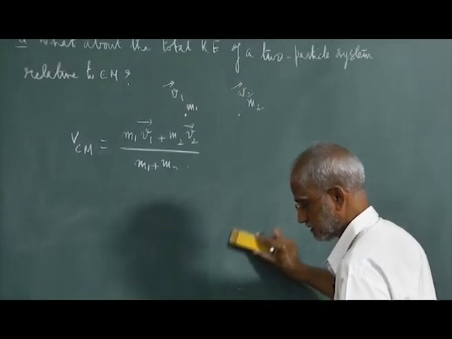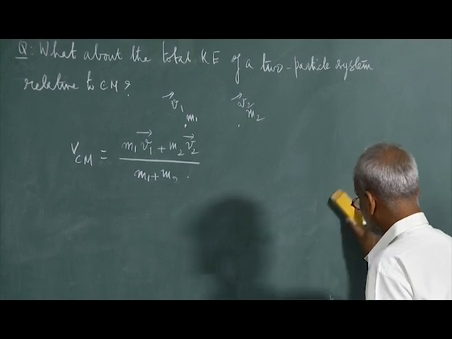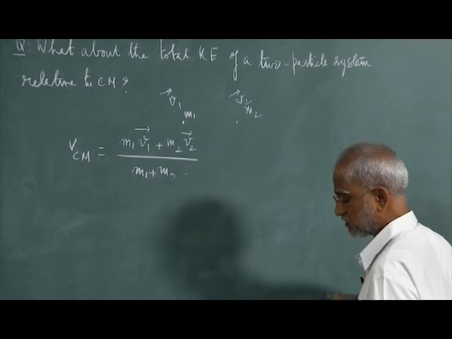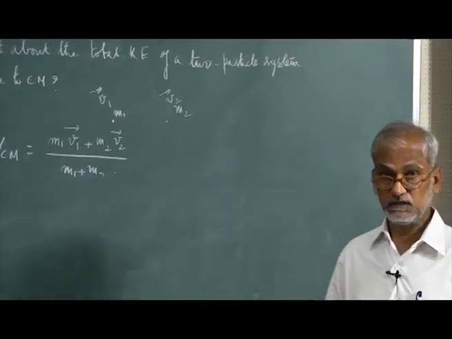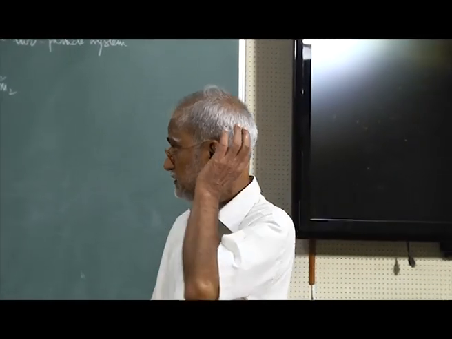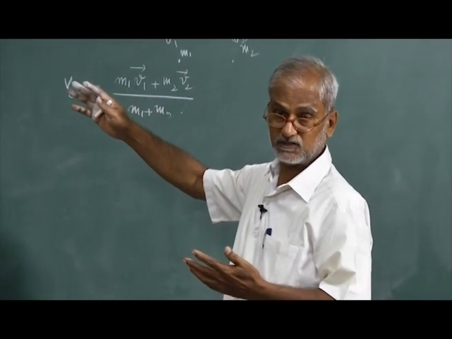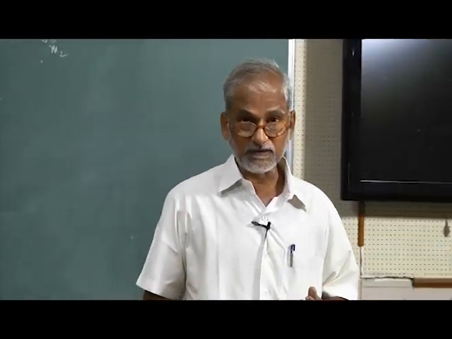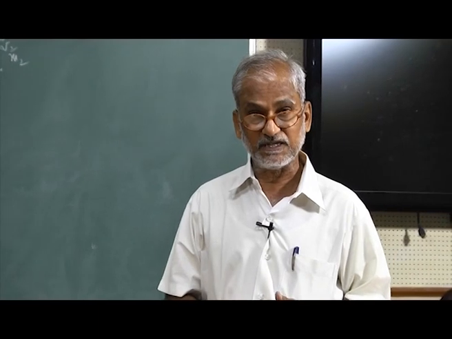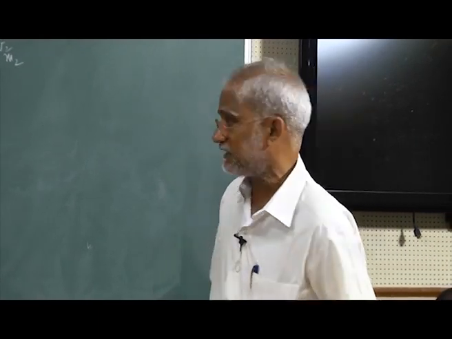Other expressions I can do. Sir, does it represent the total kinetic energy of the system? No. Remember, once you have the kinetic energy of these particles m1 and m2, what about the velocity of the center of mass? That I need to take into account.